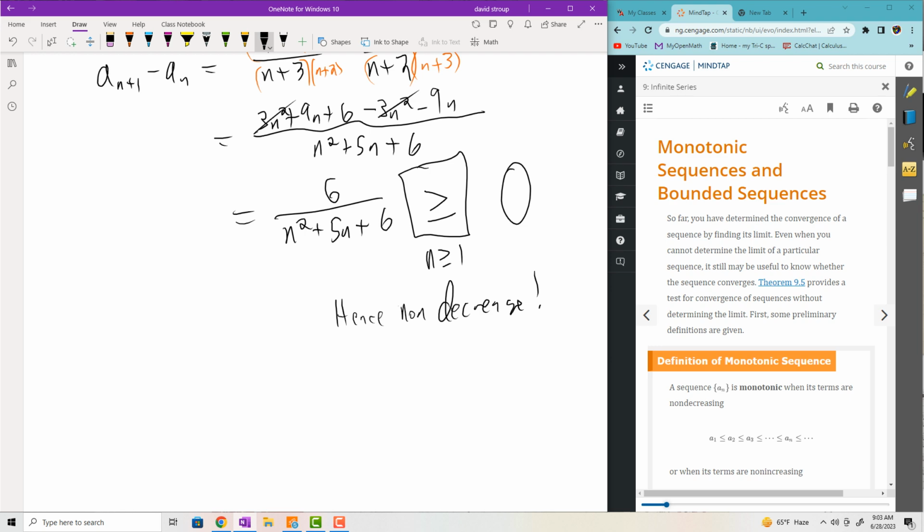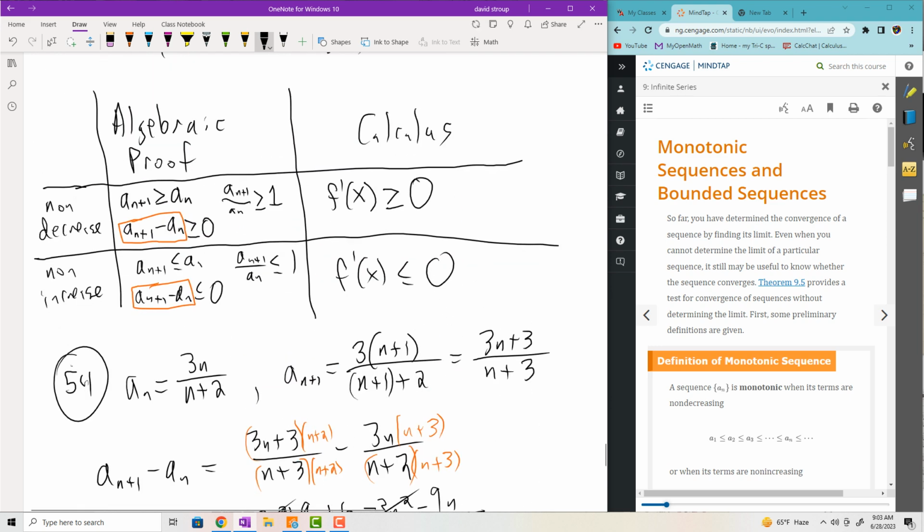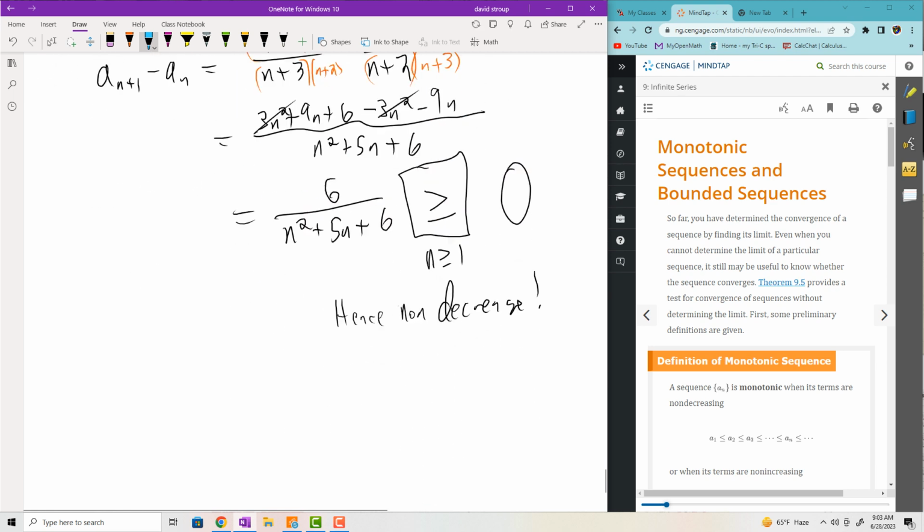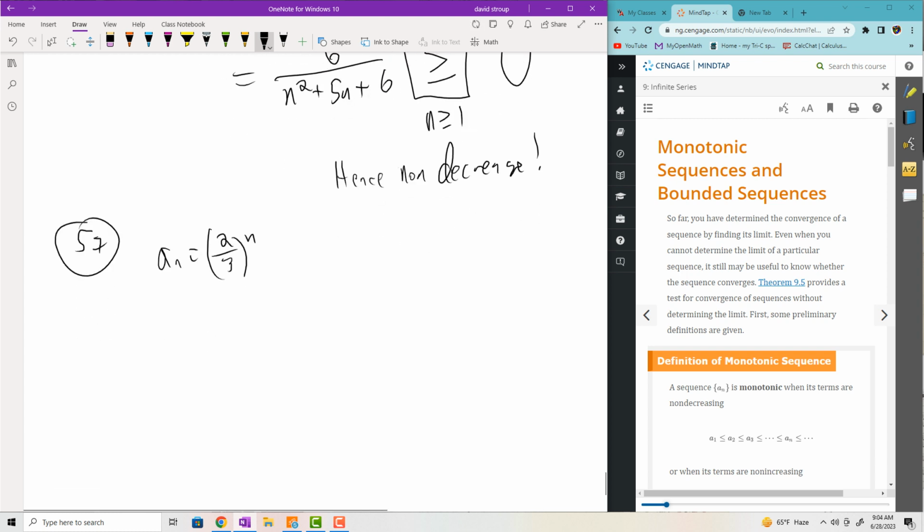Okay, let's look at then the ratio type. I call it this type. I want to do a ratio of consecutive terms and compare it to the number 1. So see that in problems like number 57. So I have a sub n equals 2/3 to the nth power.